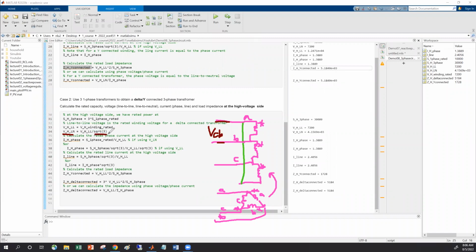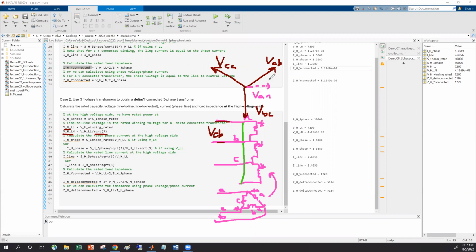So you can see that you need to take this voltage and then divide it by square root of 3. This is because right now your connection is like this: this is your VAB, and then your VBC and VCA. So if you want to compute for the VAN, it is something like this.